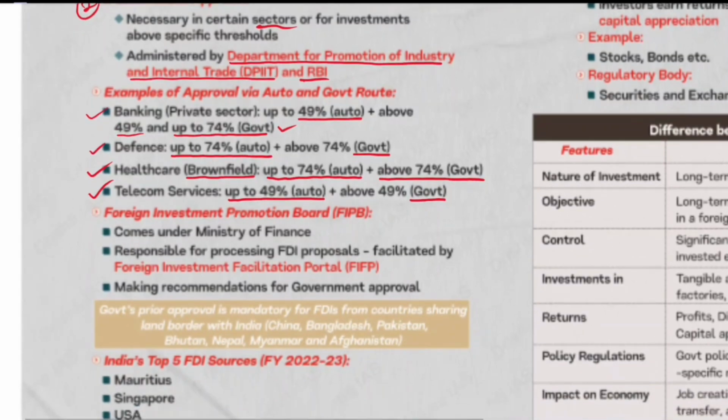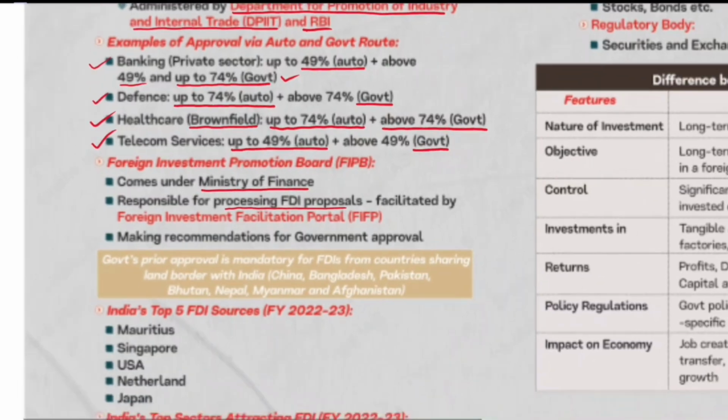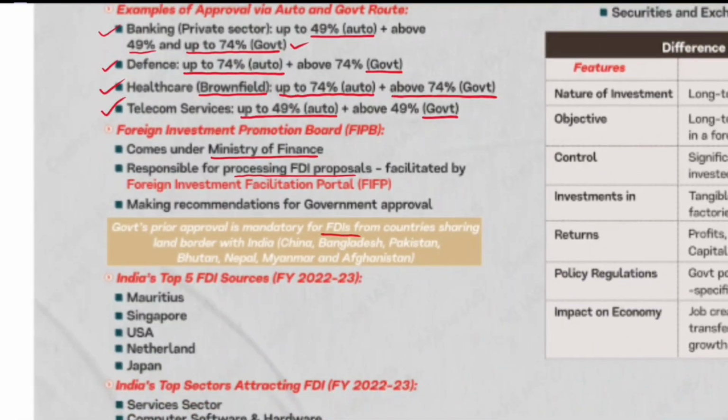The Foreign Investment Promotion Board, FIPB, comes under the Ministry of Finance and is responsible for processing FDI proposals facilitated by the Foreign Investment Facilitation Portal, making recommendations for government approval. Government's prior approval is mandatory for FDI from countries sharing a land border with India, that is China, Bangladesh, Pakistan, Bhutan, Nepal, Myanmar, and Afghanistan. This is important.